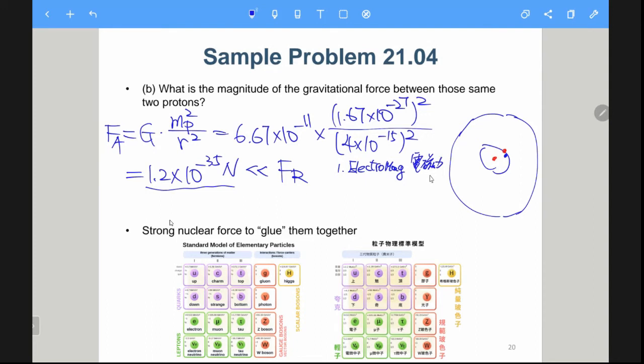It includes the Coulomb force and also the Lorentz force, which you will learn in chapter 28. Another one is the gravitational force, which you should have learned in high school physics or physics 1. And there are two other types of forces. One is known as the weak force, and another type is called the strong force.